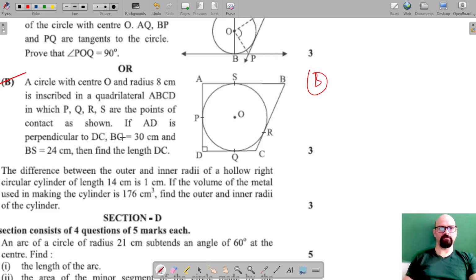If AD is perpendicular to DC, BC is equal to 30 centimeters, and BS is 24 centimeters.